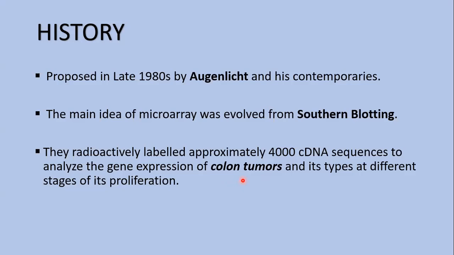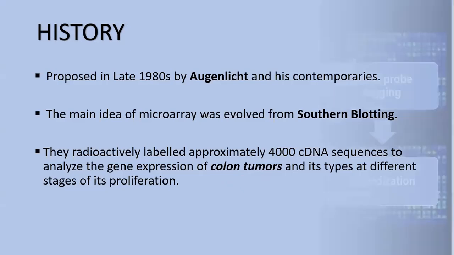The use of miniaturized microarrays for gene expression profiling was first reported in 1995, and a complete eukaryotic genome of Saccharomyces cerevisiae on a microarray was published in the year 1997.